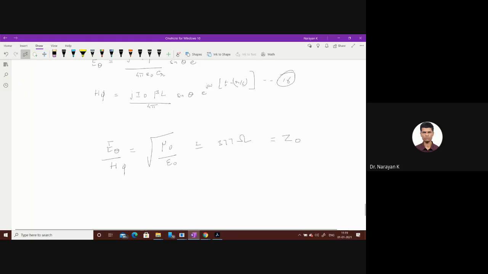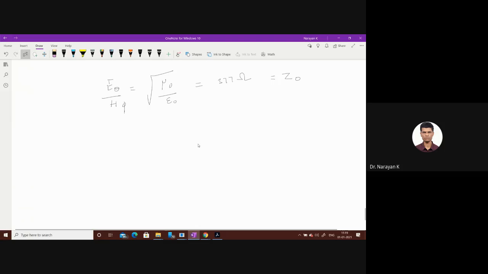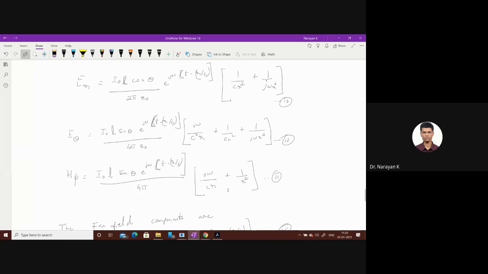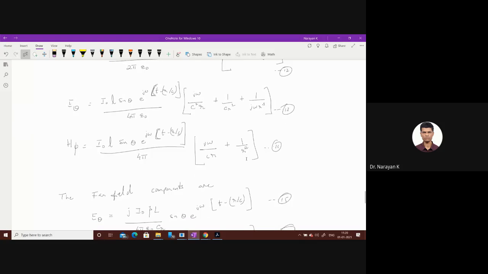So what is the significance of field components? See here H phi. In the general case, it varies inversely with the distance r.